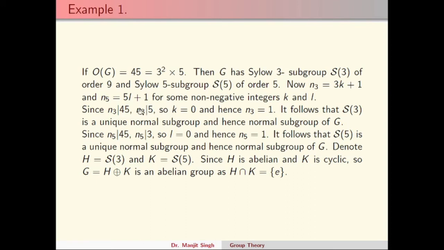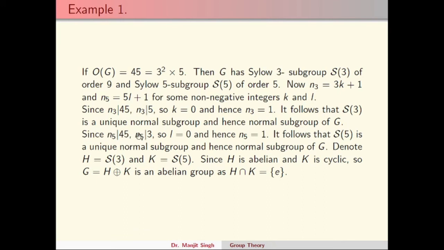When 3k+1 divides 5, the only possibility is k = 0. So k is 0, so n_3 is 1. It means that there is a normal subgroup of order 9. So G has a normal subgroup of order 9.